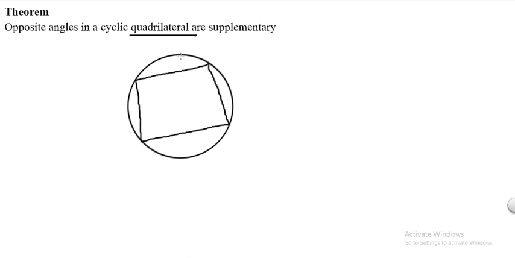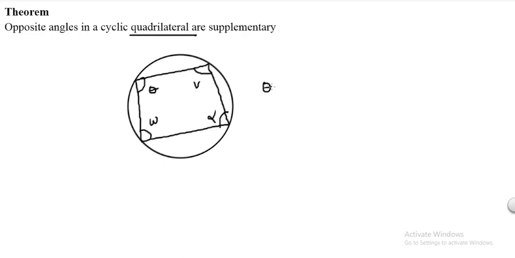Now what this theorem is simply saying is that for the opposite angles, say I have here theta and I have here alpha, and say I have here w and I have here v. This theorem is simply saying that if we add up the opposite angles theta and alpha, they will be equal to 180.